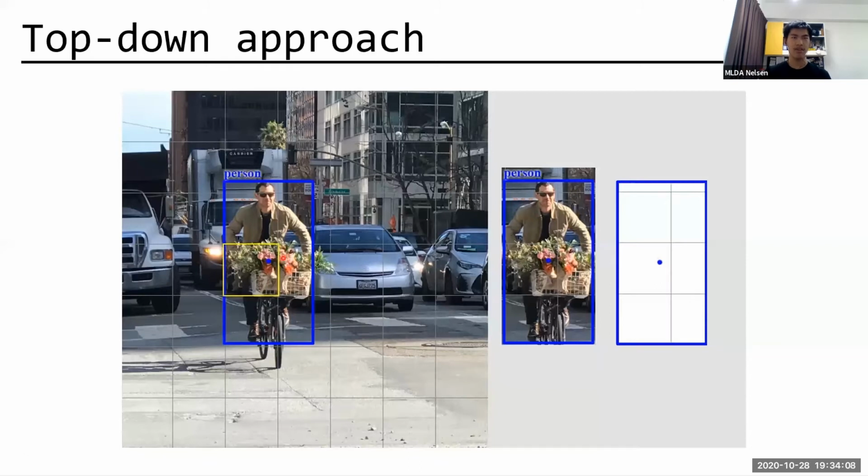But for now, we can focus on the center, which corresponds to the grid in yellow. So at this specific grid, how can we know this is the last point that the network predicts?